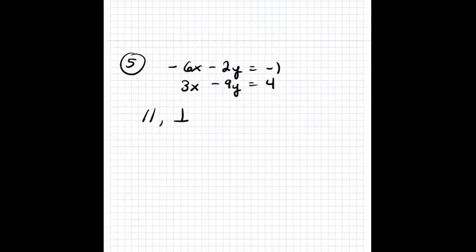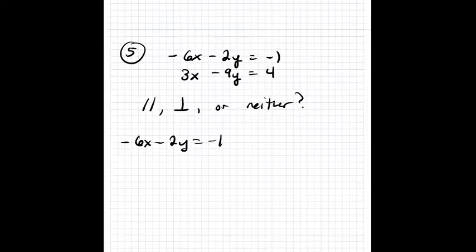Okay, so we're gonna say parallel, perpendicular, or neither. So if we're looking at the first one, the -6x minus 2y equals -1, let's solve for y. I'm going to add 6x to both sides, so that'll give us -2y equals 6x minus 1, and I'm going to divide both sides by -2.